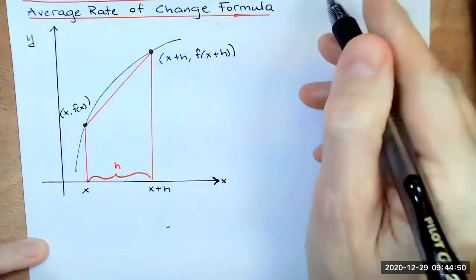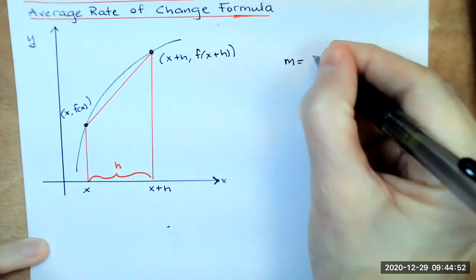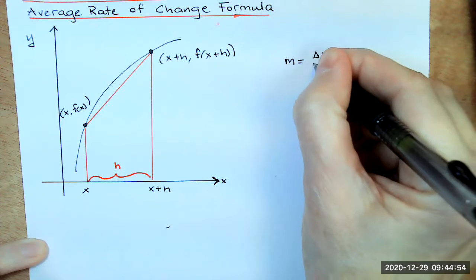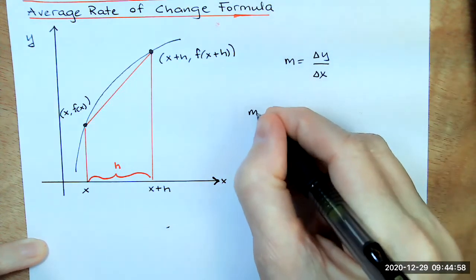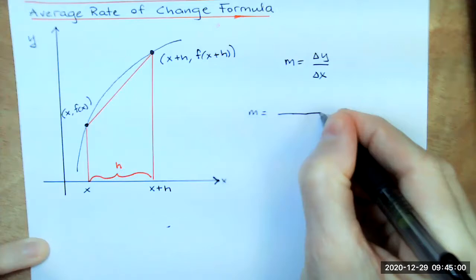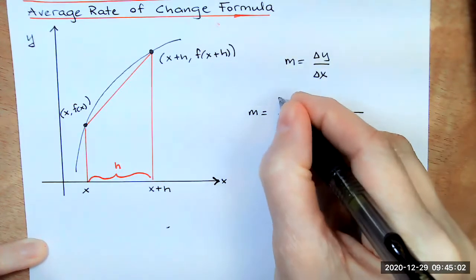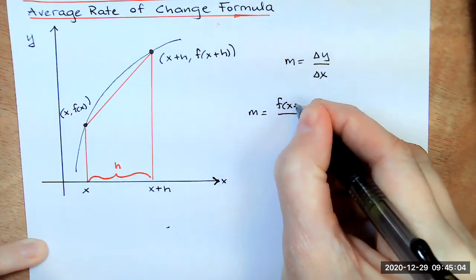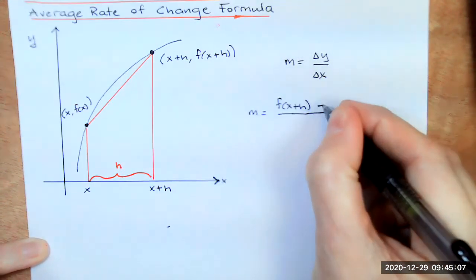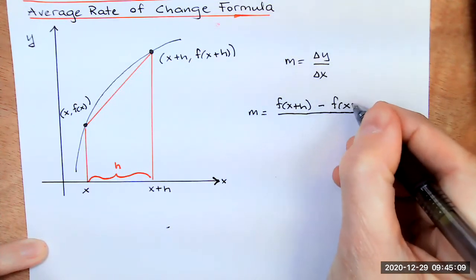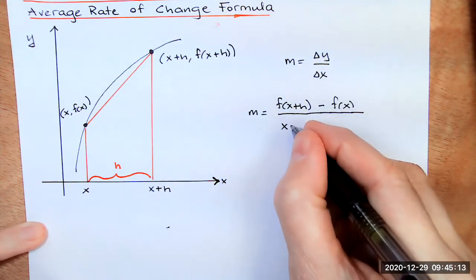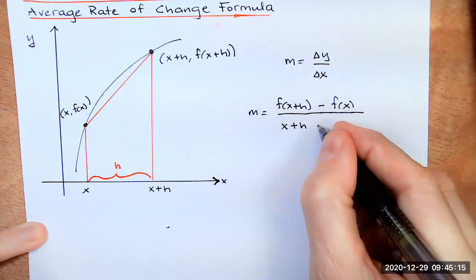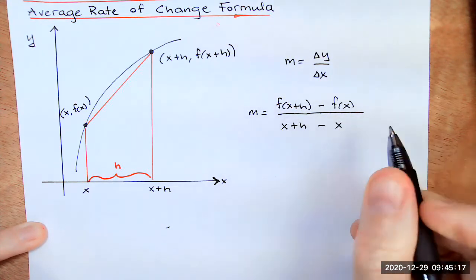And to find the slope of that secant line, we're going to find the change in y, which is f of x plus h minus f of x, divided by x plus h minus x.